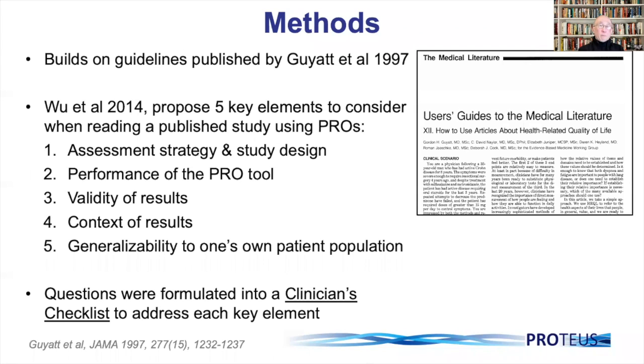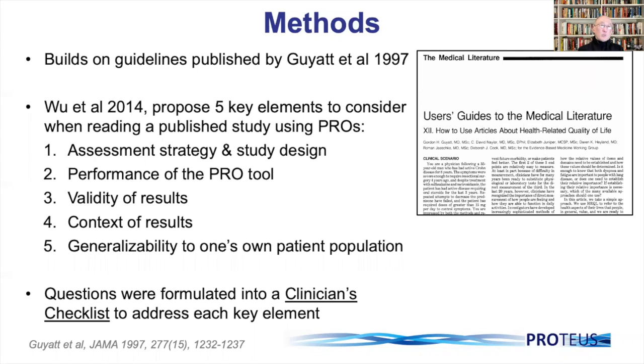This paper builds on guidelines published by Guyatt et al. in a classic paper in JAMA in 1997. Our paper in the Mayo Clinic Proceedings proposes 5 key elements to consider when reading a published study that uses PROs.